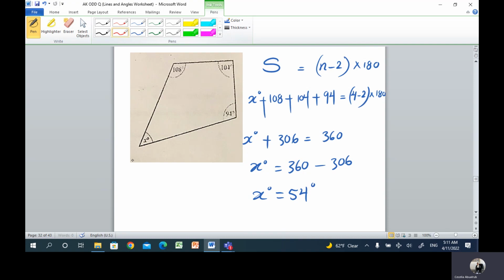And if you check, X is 54 plus 108 plus 104 plus 94, the answer will be 360 degrees.